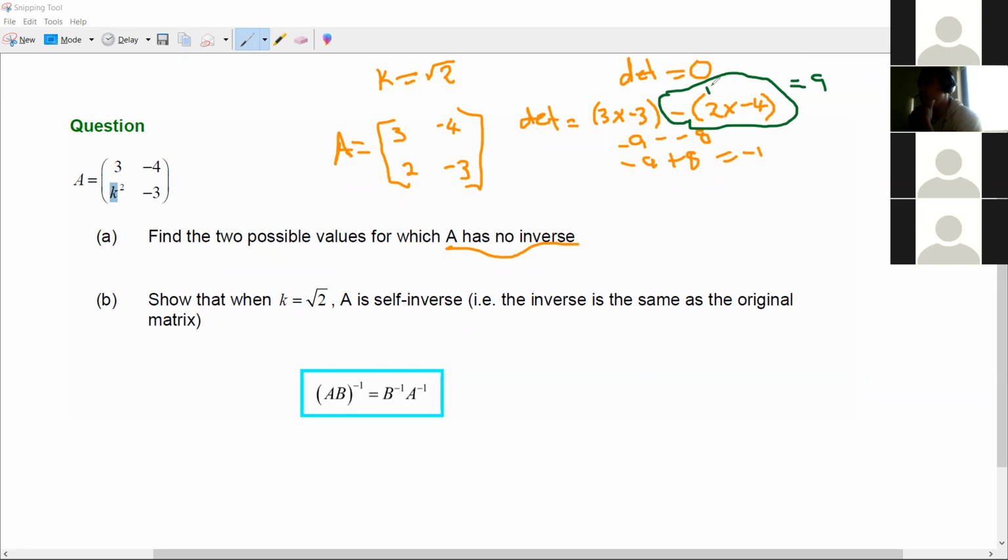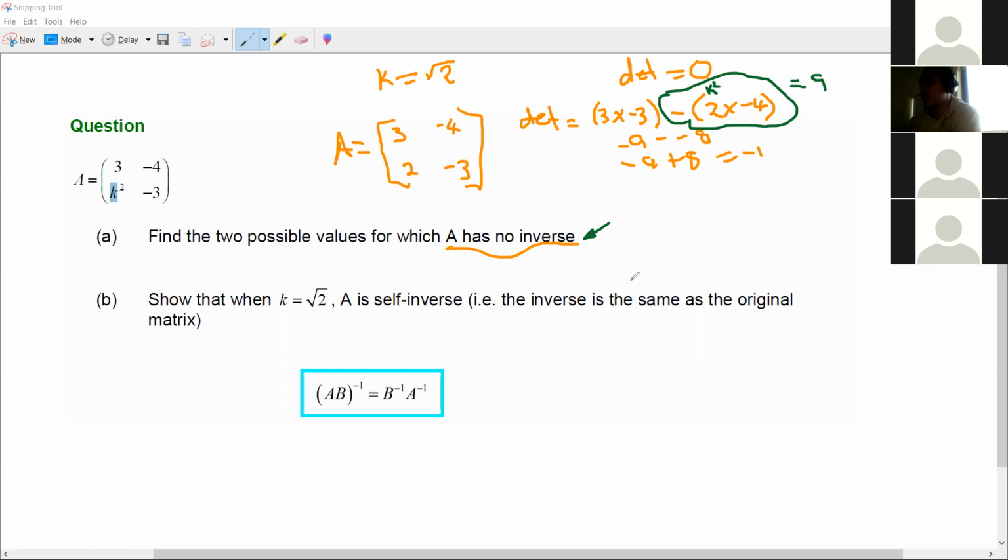And if you have the k squared over here, you need to find out k squared times -4 will give us 9. So then you solve a linear equation for that, and then it will be your answer. I don't want to go into that. I'm just giving you what you need to do to answer this question, and then you can find out numbers for yourself and see how you can do it.